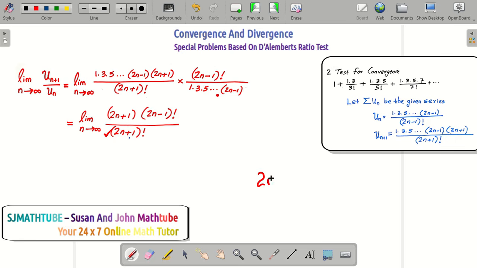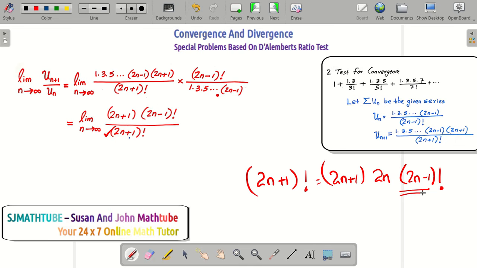So I'm going to write 2n plus 1 factorial as 2n plus 1, and then 2n, and then 2n minus 1, and I'm going to stop because this is exactly the term I have in the numerator.